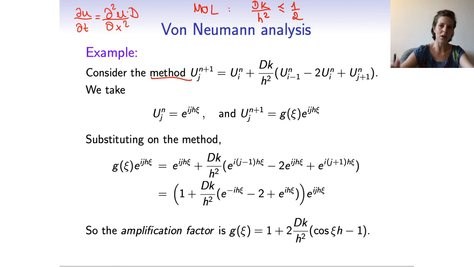Okay, so now we are going to use the von Neumann analysis to find the stability region for this method, and we expect to obtain the same result as before.